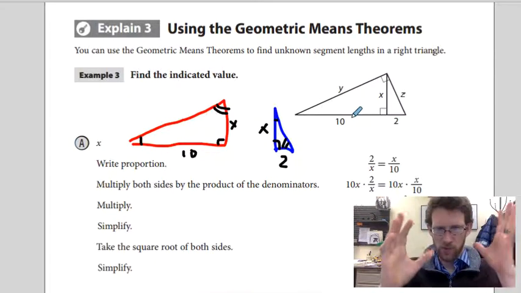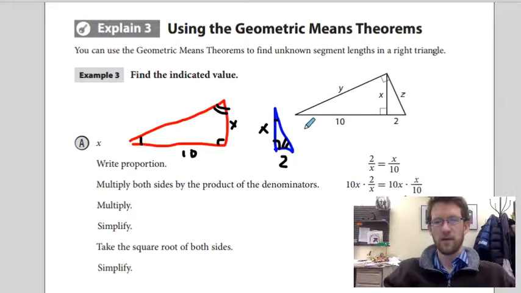So now once I have my head around that, I can realize that this is just the proportion work we've been doing before, right? If they're similar, that means they're proportional. I can say that X over 2 equals 10 over X, or I could say 2 over X equals X over 10, or 10 over X equals X over 2, something like that.